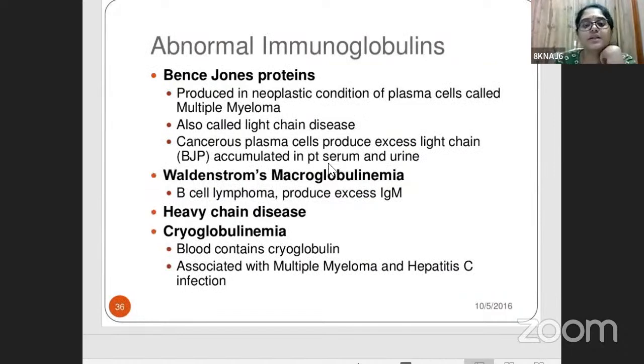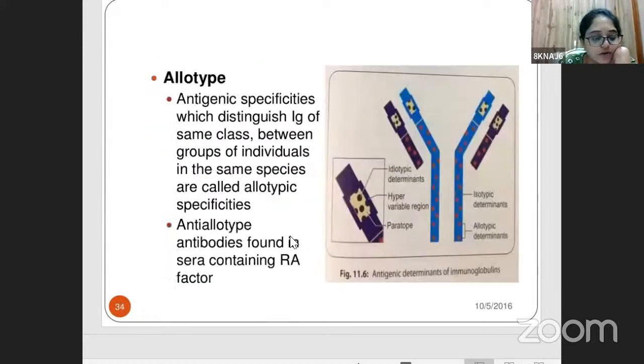Abnormal immunoglobulins include the Bence Jones proteins, heavy chain diseases, and macroglobulinemia. So this is all about the immunoglobulins as such. I will share another PowerPoint for you to read.